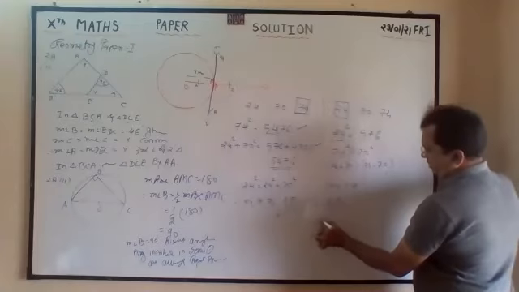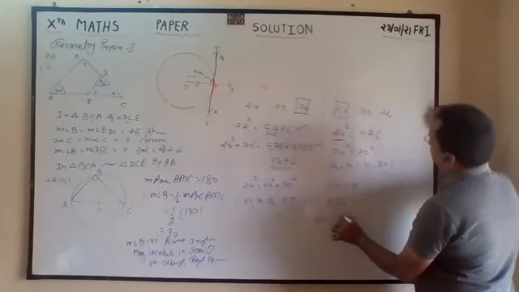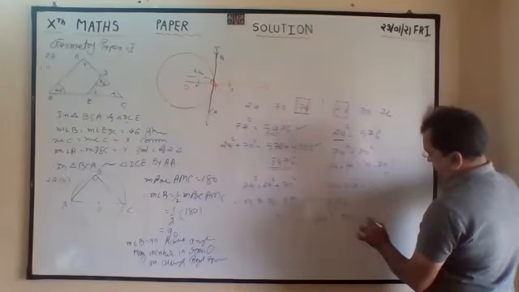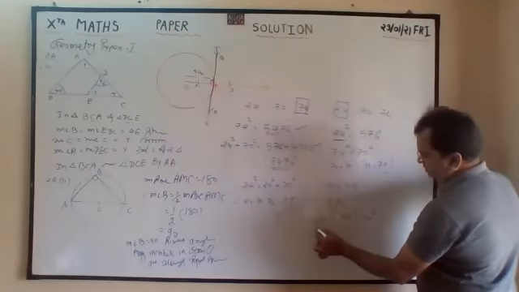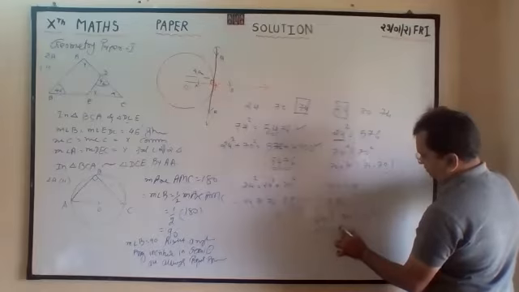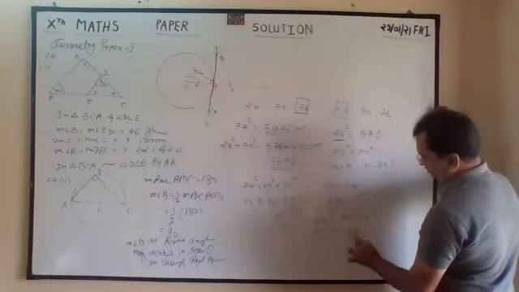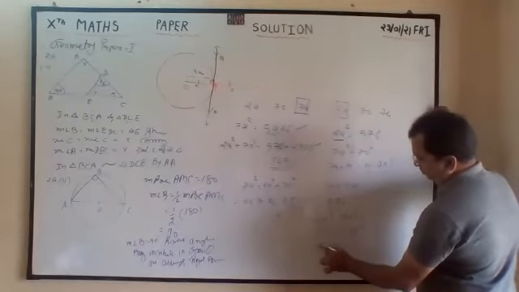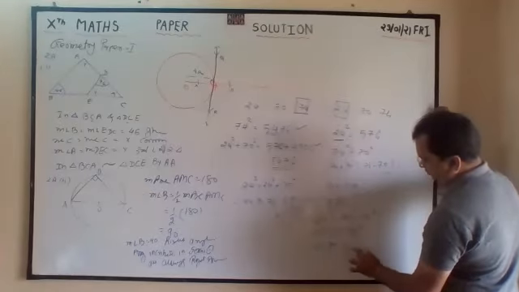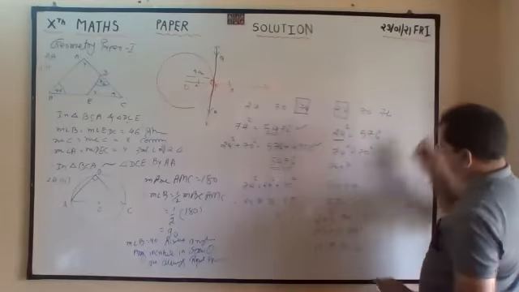So you can write 24 square is equal to 74 square minus 70 square. This goes to this side, so 24 square plus 70 square is equal to 74 square. So 24, 70, 74 are a Pythagorean triplet.